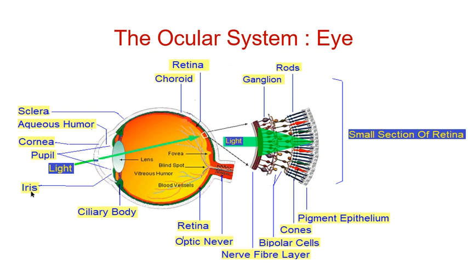You can see the iris, the ciliary body which is holding up the lens, the vitreous humor filled inside, the blood vessels, the retina, the choroid, the optic nerve, and the ganglion cells, rod cells and cones. In the further sections, we are going to discuss these in detail.